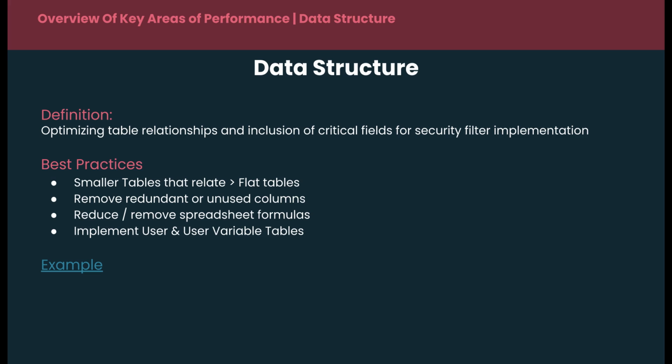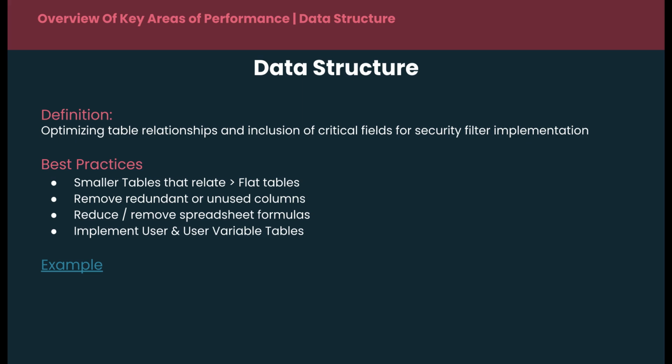Secondly, remove redundant and unused columns. So especially in the evolution of an application, you'll identify attributes that are more or less relevant over time. And we just want to keep these tables as trim as possible. Column count in most use cases is not as relevant as row count, but it still does have performance impact.